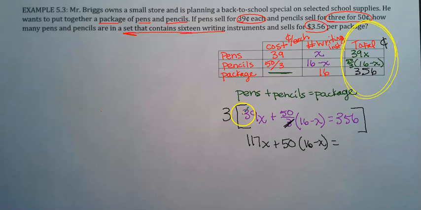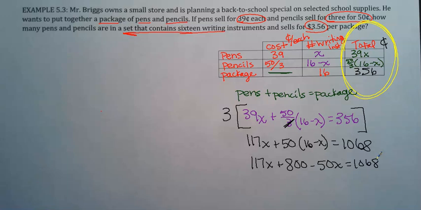All right, so 3 times 356 equals 1,068 cents. Now I'm ready to distribute. So I'm going to have 117x plus 50 times 16 is 800 minus 50x equals 1,068. I'm going to subtract my 800 from both sides to balance.